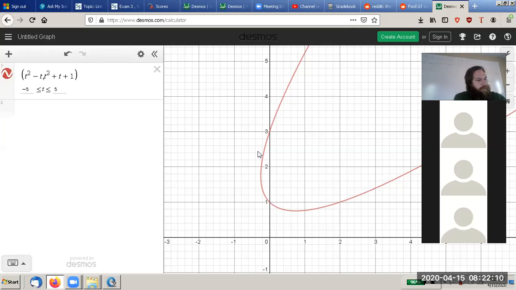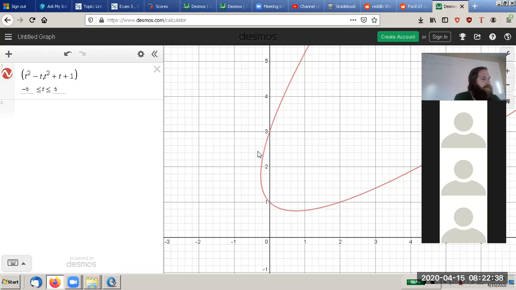X dot is dx/dt. So I take this, and it differentiates to 2t minus 1. So dy/dx is y dot over x dot, which is (2t plus 1) over (2t minus 1).